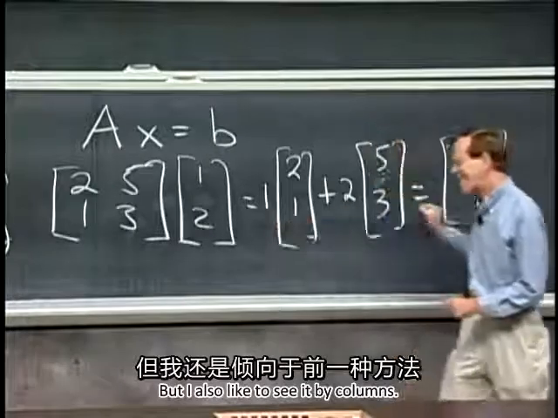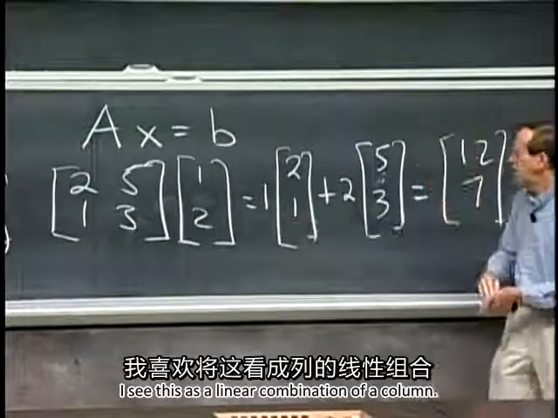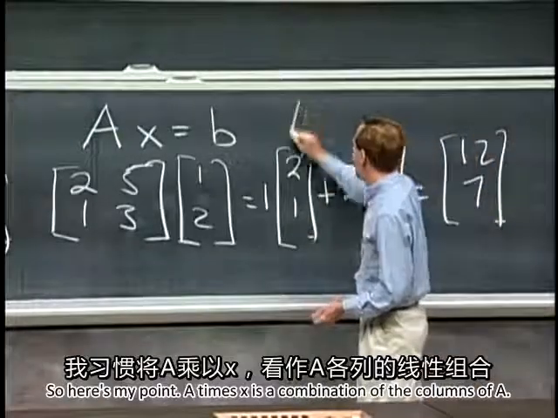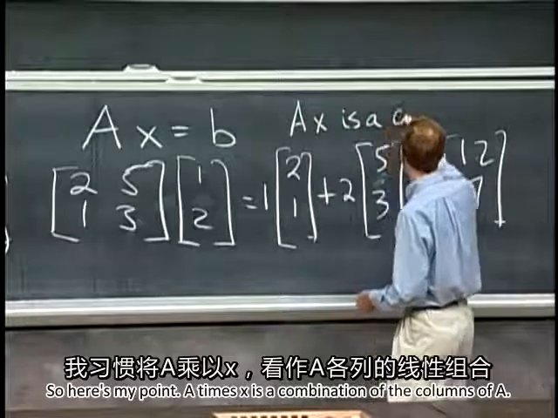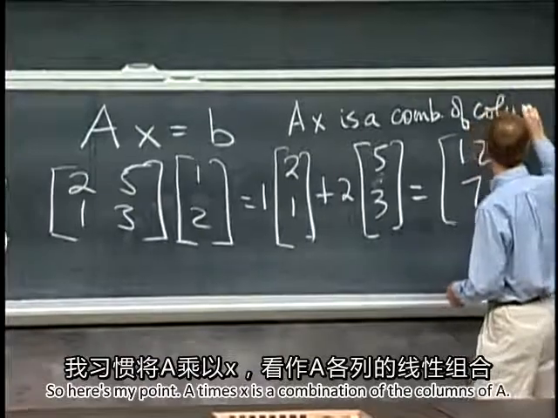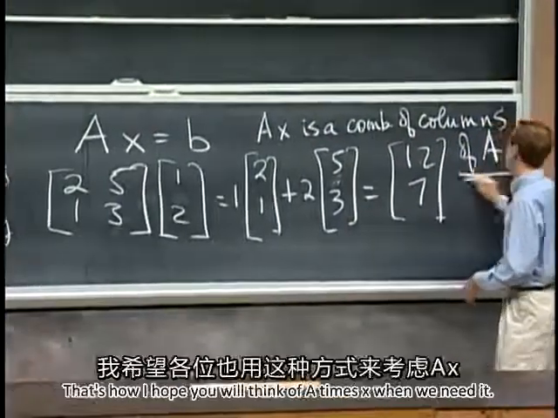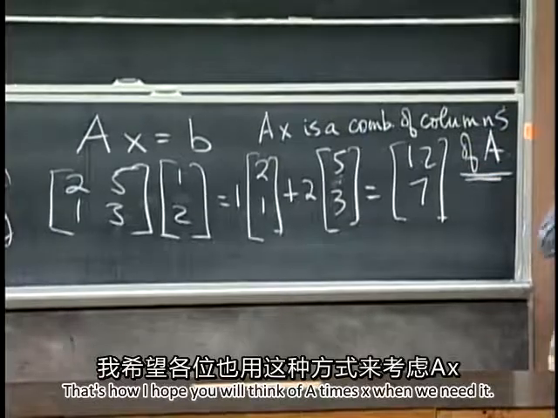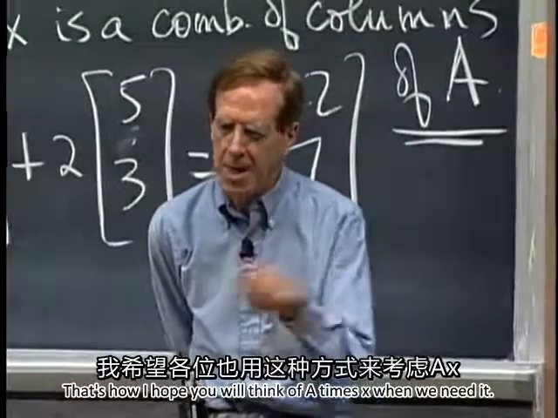But I also like to see it by columns. I see this as a linear combination of the columns. So here's my point. A times x is a combination of the columns of A. That's how I hope you'll think of A times x when we need it.